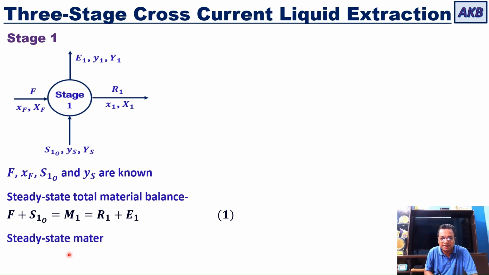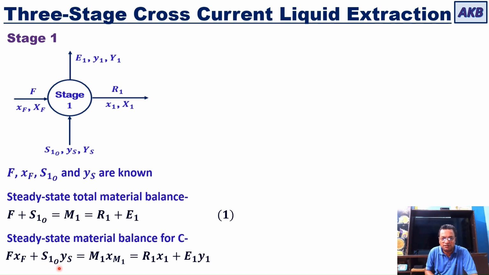Then I will write the steady state material balance for the solute C. So it will be F into XF plus S10 into YS is equal to M1 into XM1, where M1 is the mass of the mixture and XM1 is the weight fraction of C in the mixture, which is equal to R1 into X1 plus E1 into Y. So C in feed plus C in solvent is equal to C in the resulting mixture, which then separates into raffinate and extract phase.